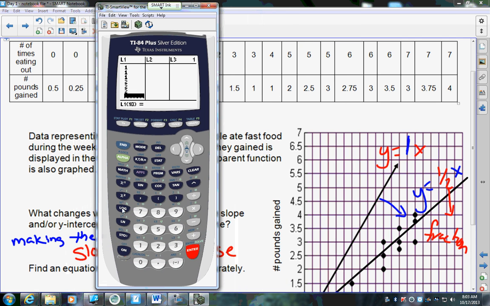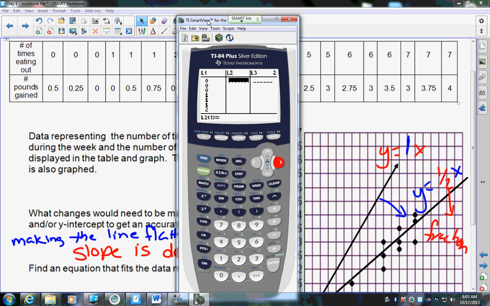So if I go over here, I've got 3, 3, 4, 5, 5, 5, 6, 6, 6, 7, 7, 7. Okay, I put all the first row in.